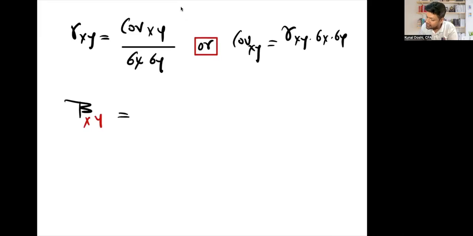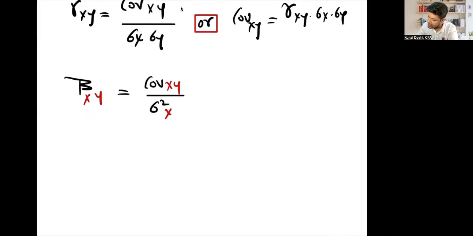The formula is covariance over the variance: covariance of both X and Y over the variance of the market, which is X. But you already know you can rearrange this. Instead of covariance, you can replace it by correlation. So I can also write this as correlation XY into standard deviation X into standard deviation Y over the variance of X.